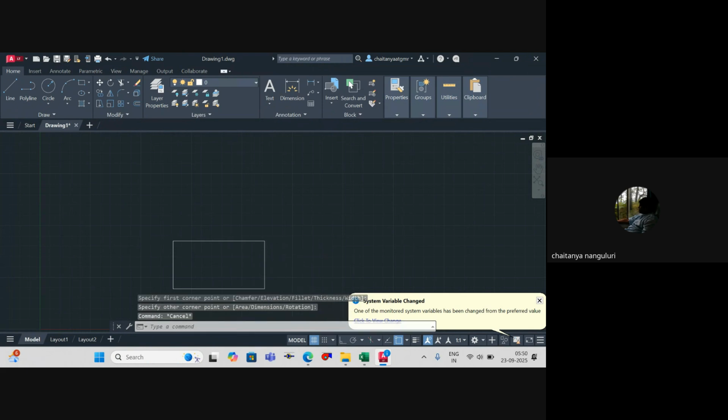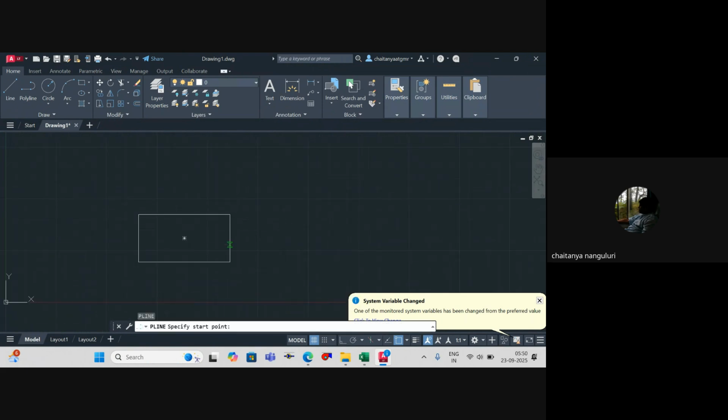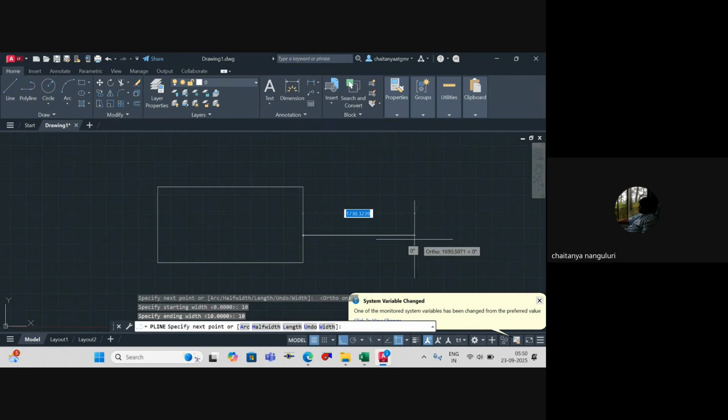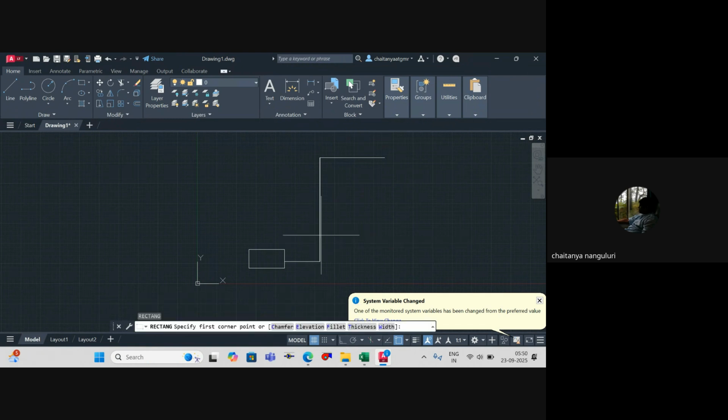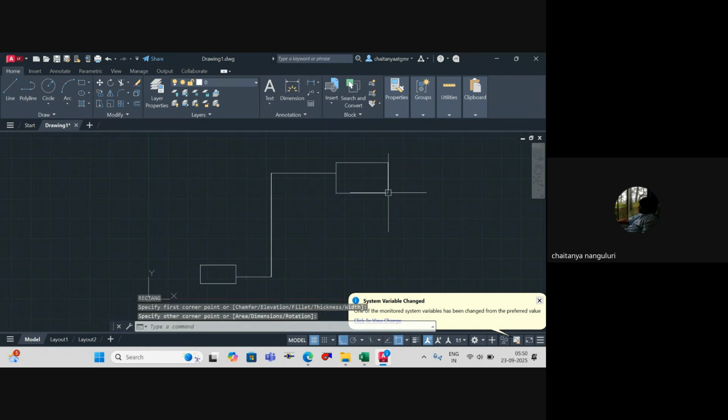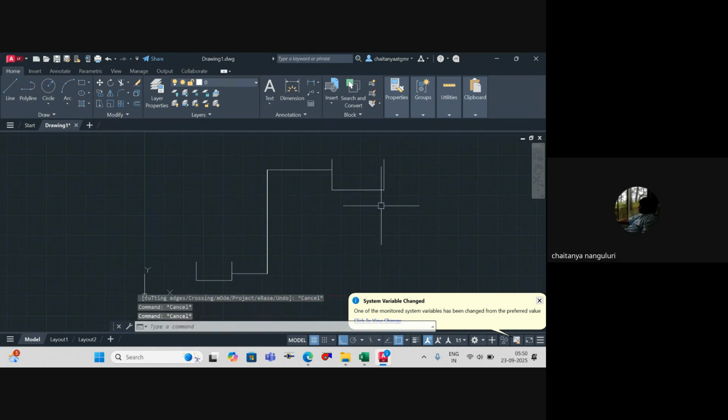Let's take an underground tank over here. I've got a pipe connected from here to here, and let's say an overhead tank on the top. So this is the underground tank and this is the OHT.